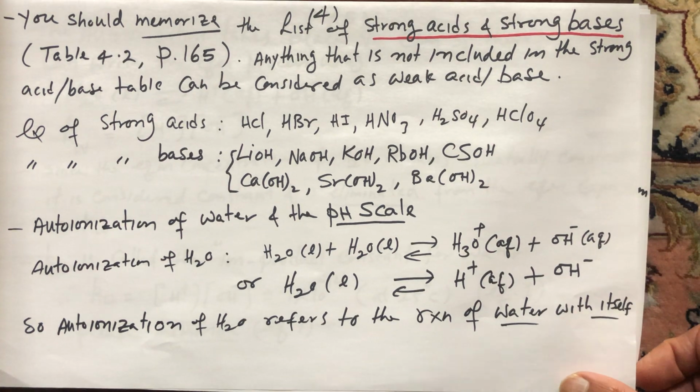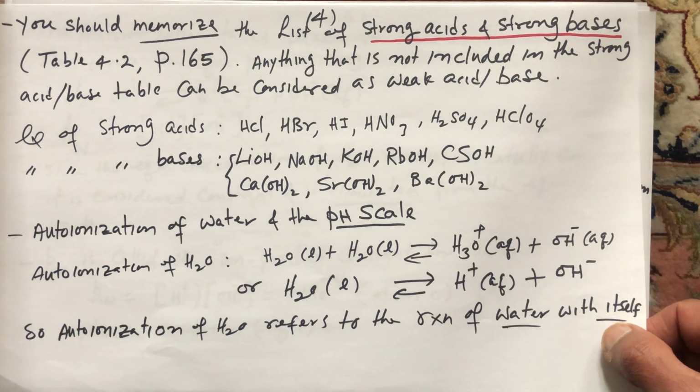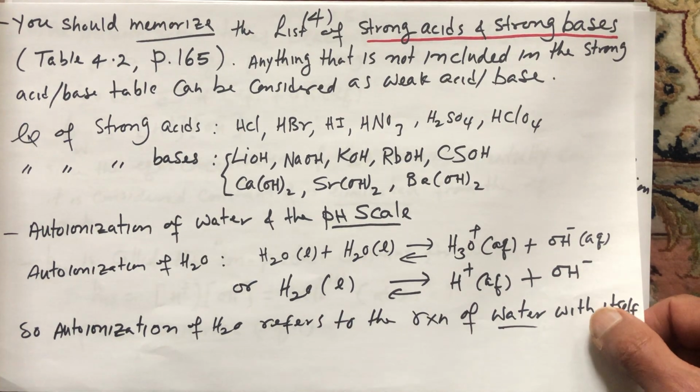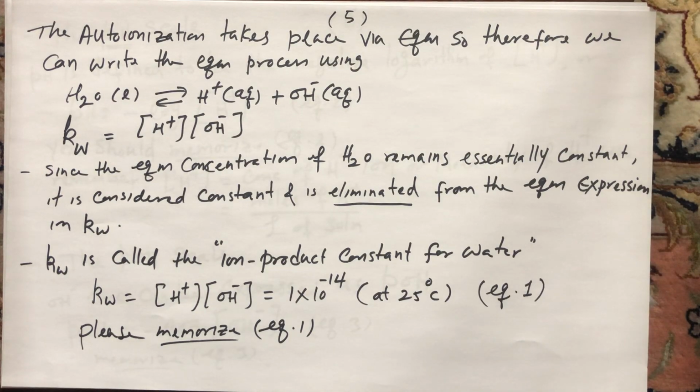Now, what's important about this reaction is the equilibrium constant for the autoionization of water. Now, the equilibrium constant for that is what we call the water ionization constant, or Kw.